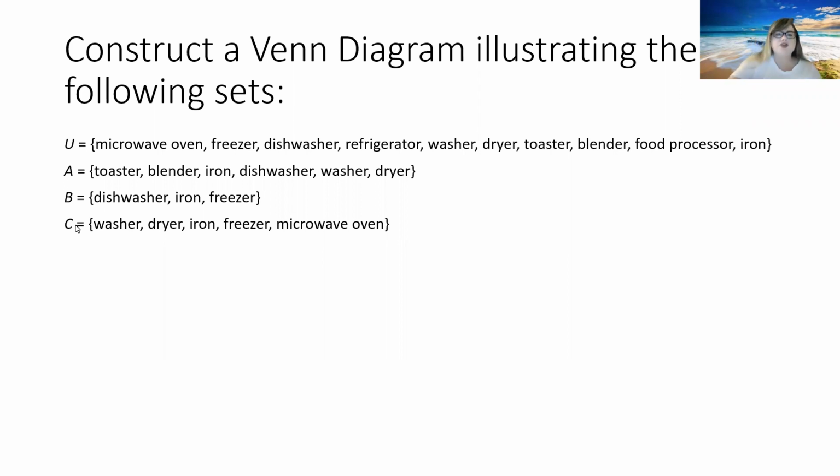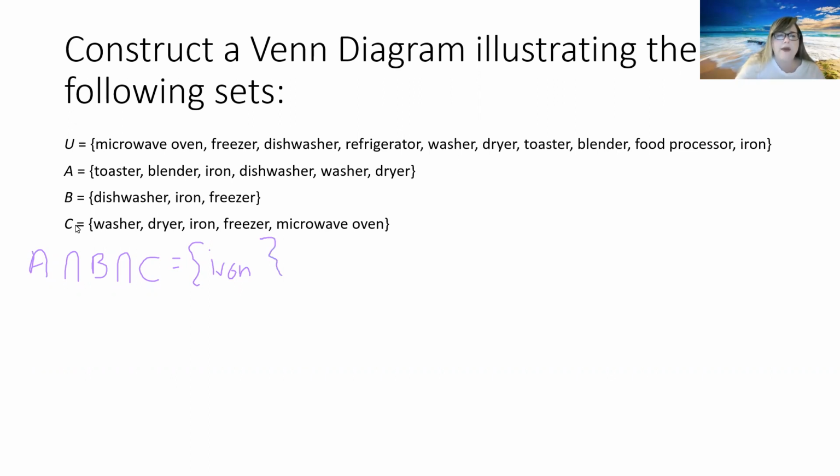If I look at set A and what it has in common with both B and C, I'm looking for elements that are in A, B, and C. Well, toaster is not, blender is not, iron is, dishwasher is not, washer is not, dryer is not in all three. So just iron is in the intersection of all of them.